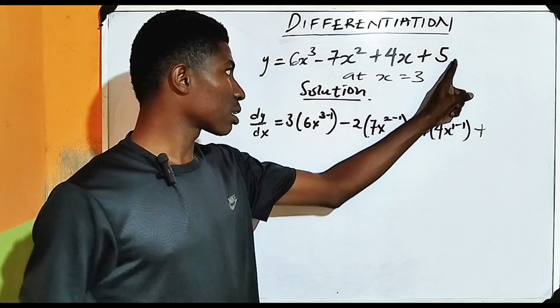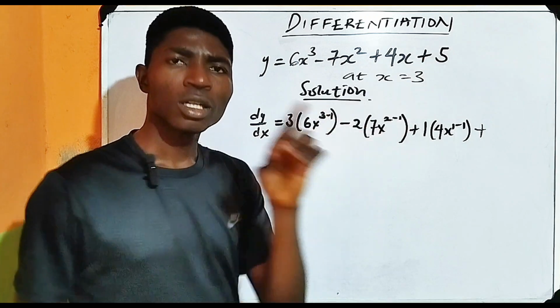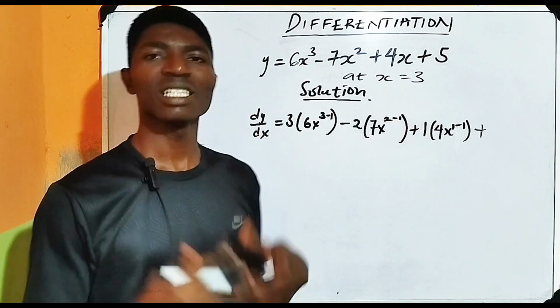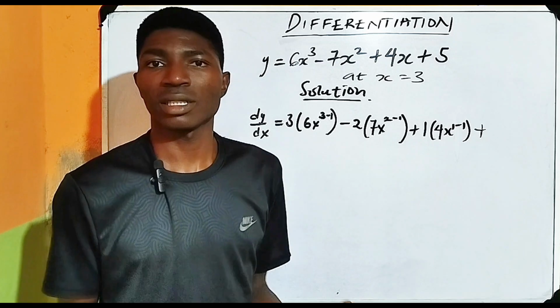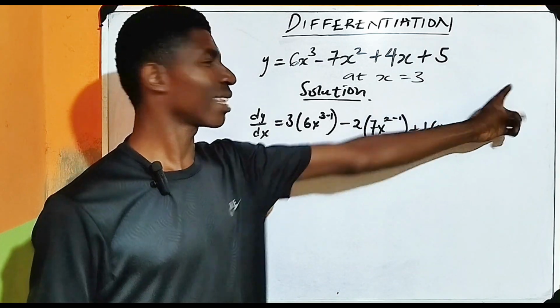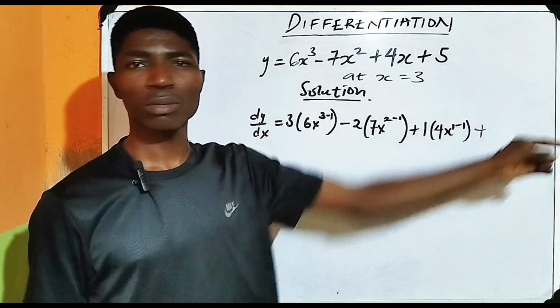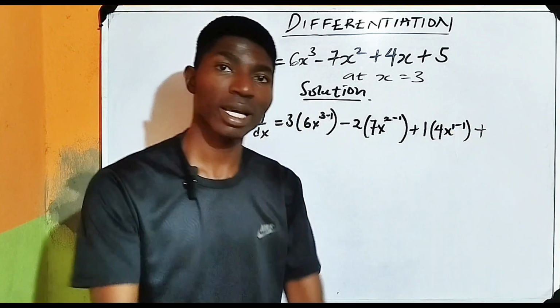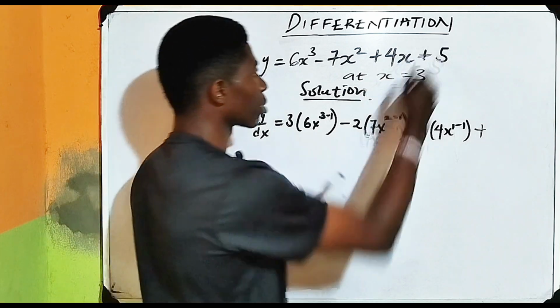You observe that this 5 here does not have x. This 5 is independent of x, doesn't contain x. Hence, when you differentiate this constant term, it becomes 0 because we are differentiating with respect to x. So, plus 0.